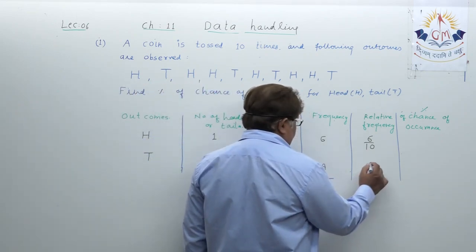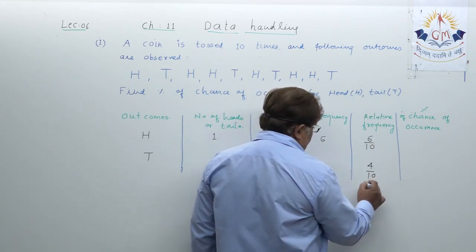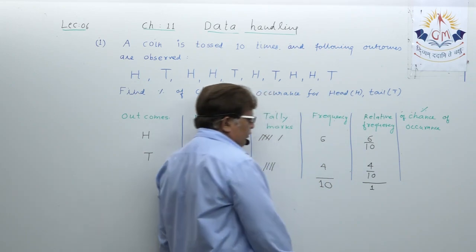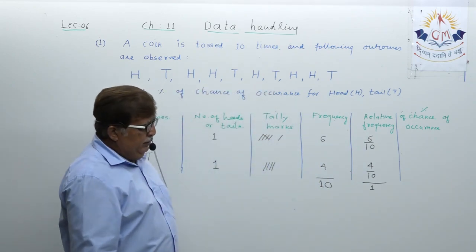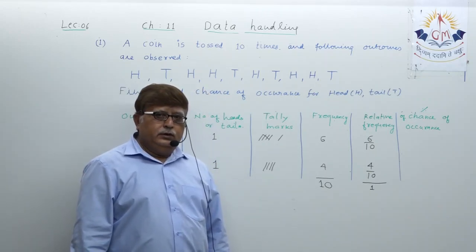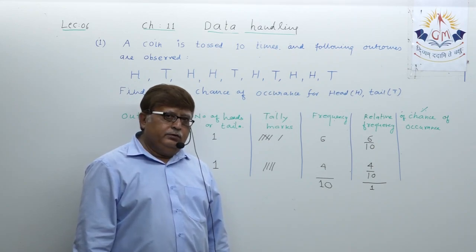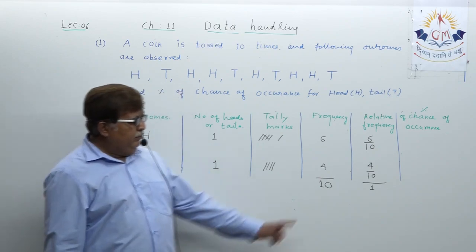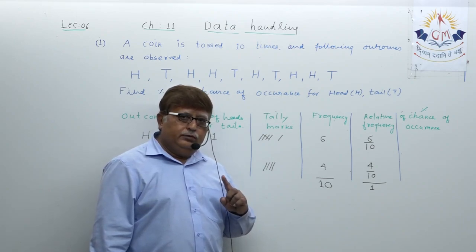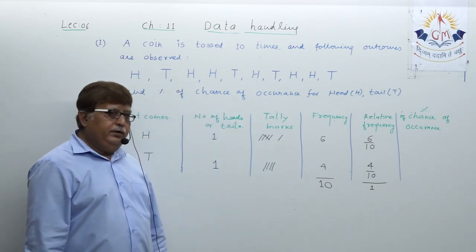Here, dear student, you will write 4 upon 10. Okay? The total of all relative frequencies is always 1, or to make it more clear, the total of all probabilities is always 1. That you know very well.